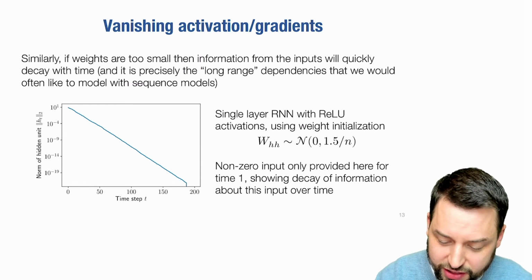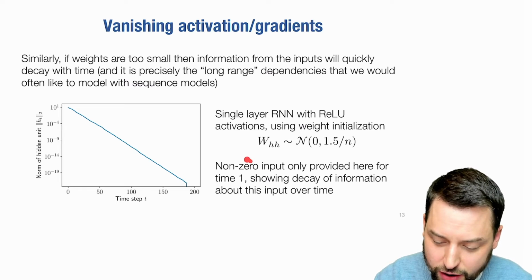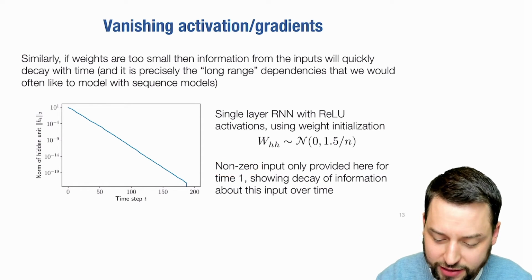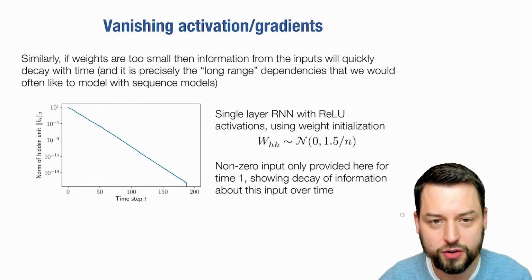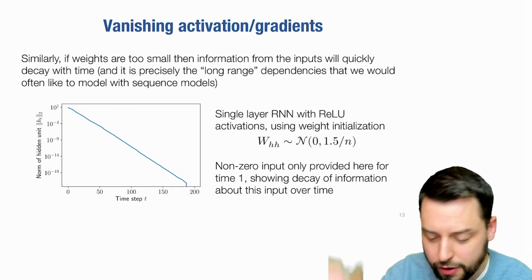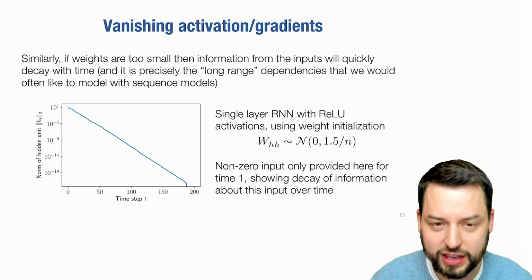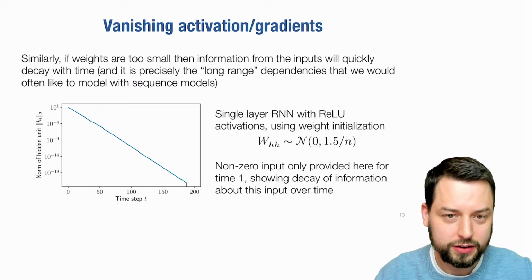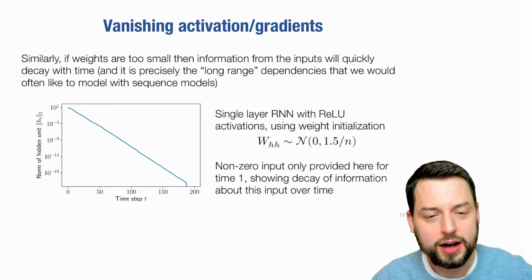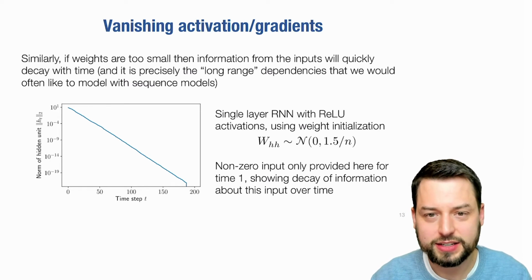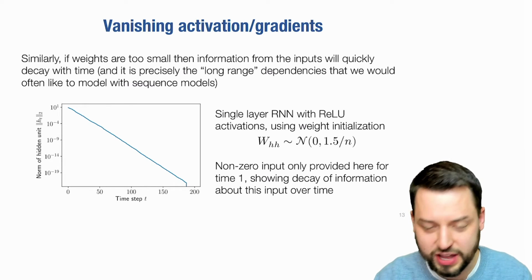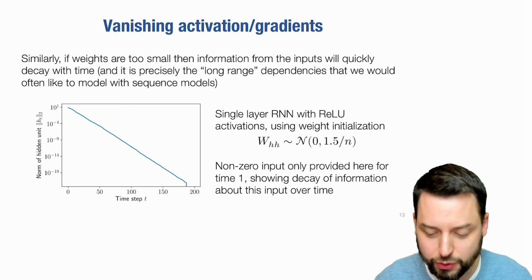Now, one thing I should mention is that this is actually only adding a non-zero input at time 1, so the inputs that I'm showing here for all times except time 1 are 0. That's important because if we keep adding another x term, this will in fact be able to stay non-zero, but this is kind of hiding the real problem.